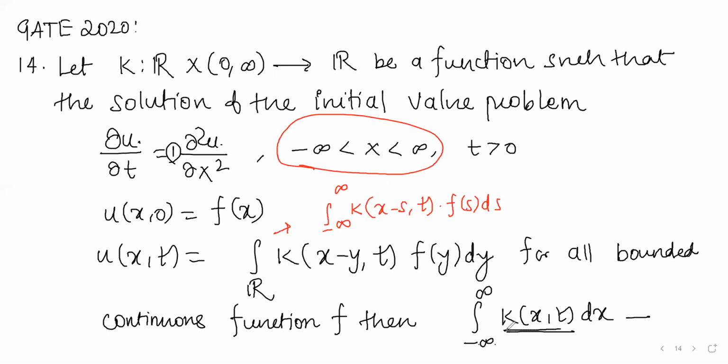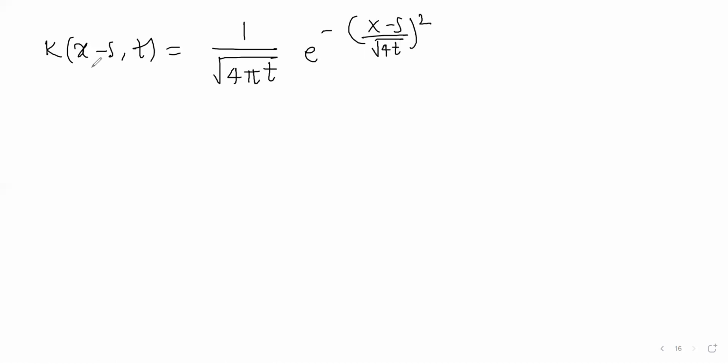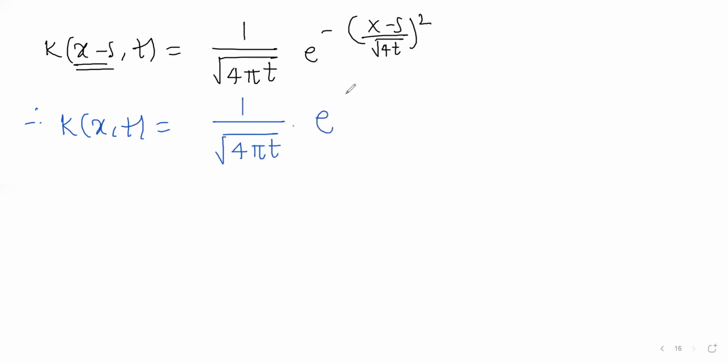So let us first simplify the problem and bring it to k of x, t instead of k of x minus s. So when you have x minus s, you are getting here x minus s. So what if I do this? I'll be getting k of x, t is equal to 1 upon under root 4 pi t, e power minus of simply x square upon 4t.